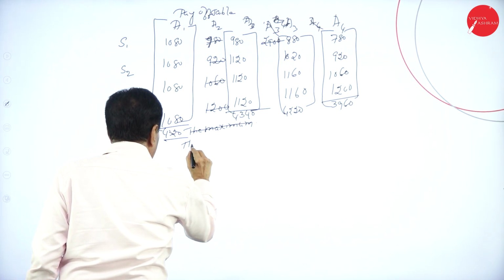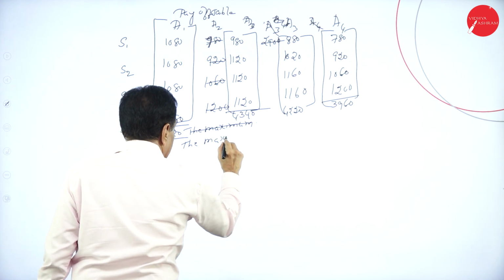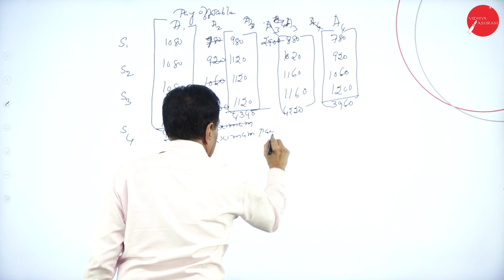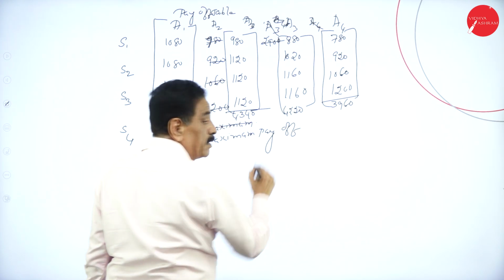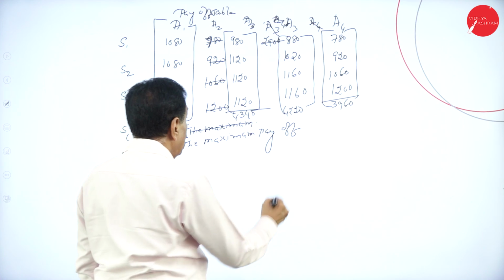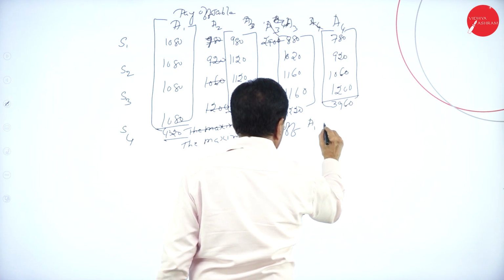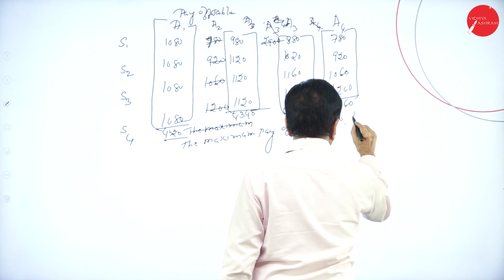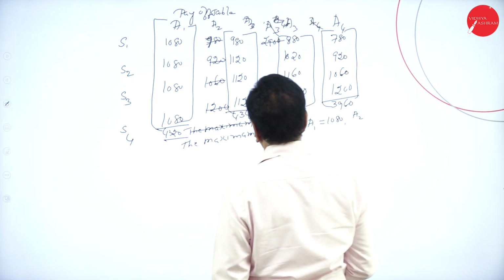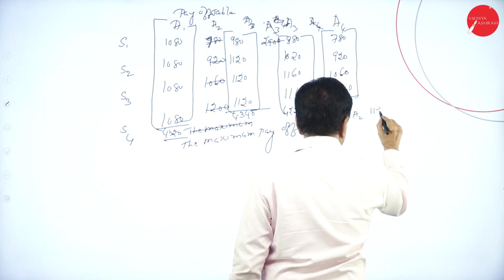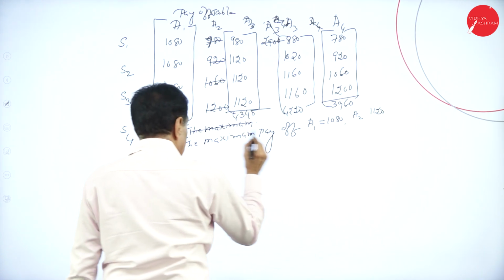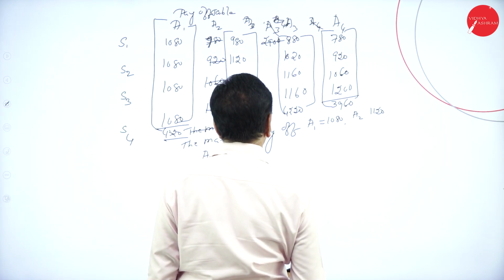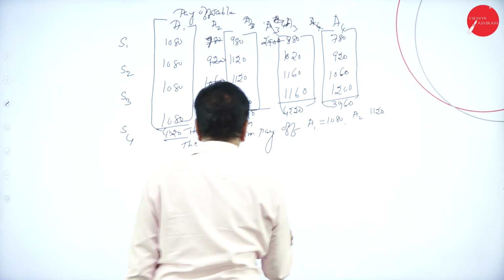The maximum payoff. A1, 1080. A2, highest is 1120. A3, 1160.